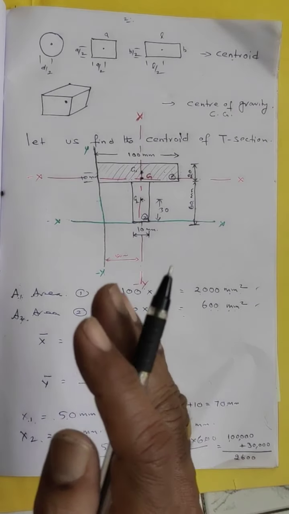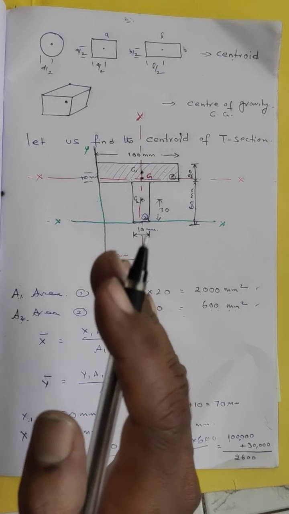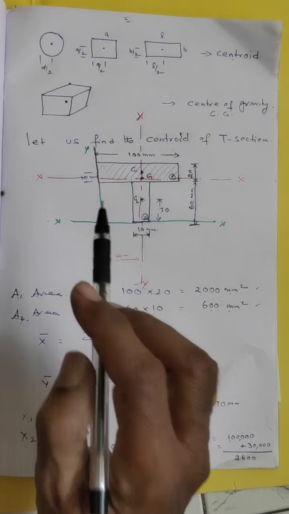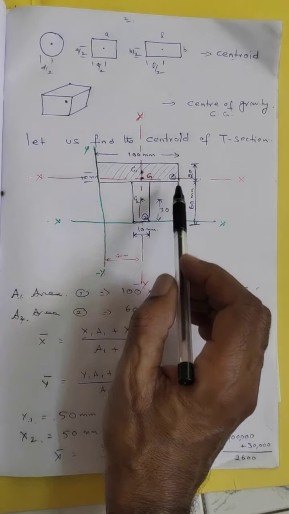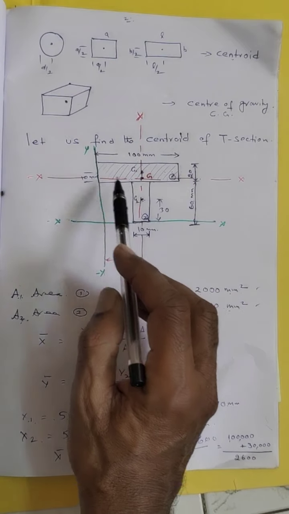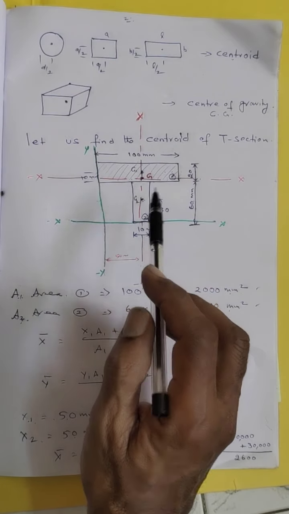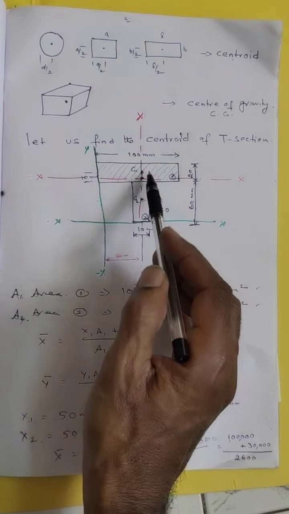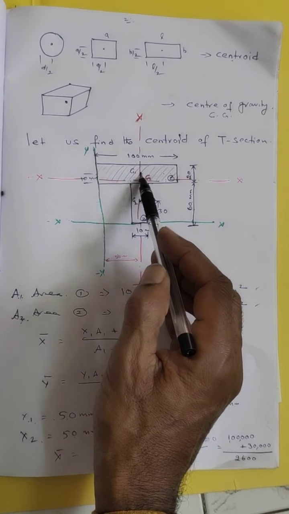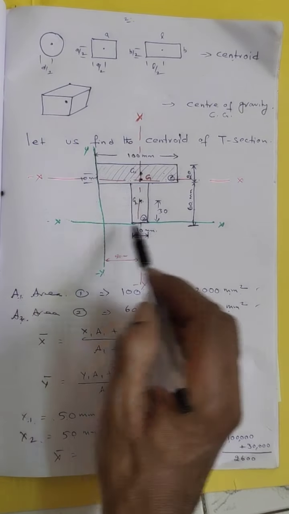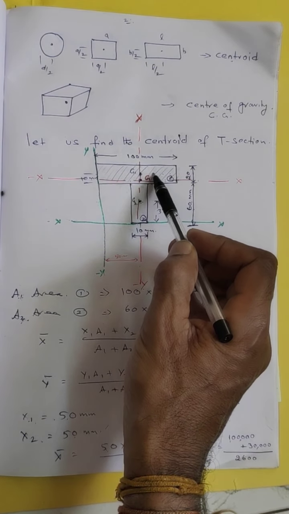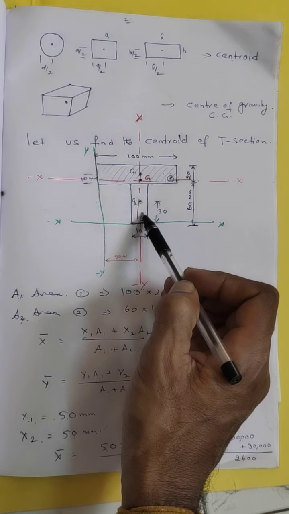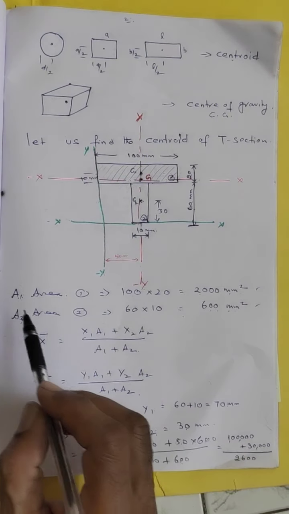So the main points to be noted: for finding the centroid of a T section, first we have to divide it into regular surfaces, that is two rectangles, and then mark the centroids of those two sections, that is G1 and G2, draw the reference axis, and then find the area of the first rectangle and the second rectangle, so a1 and a2 are known.